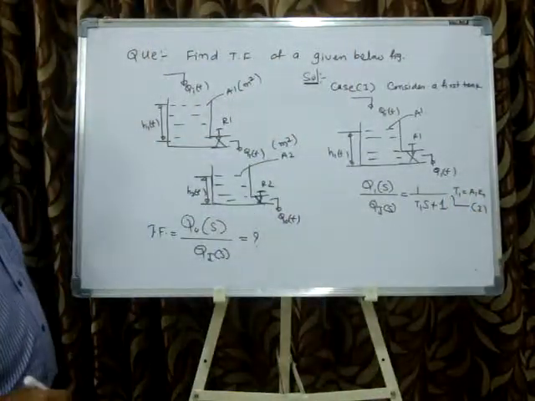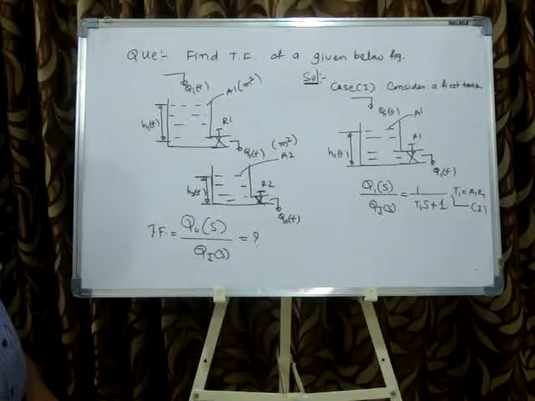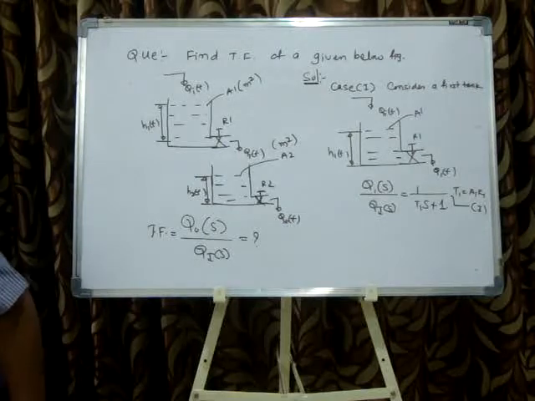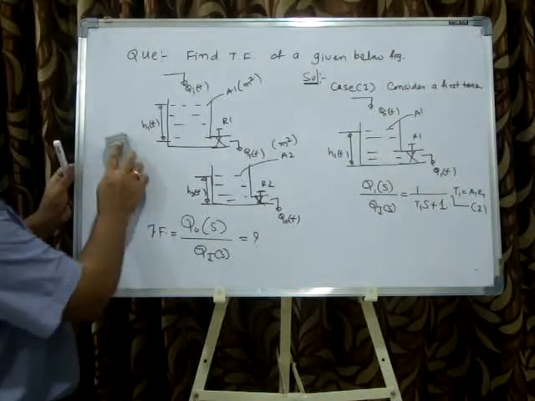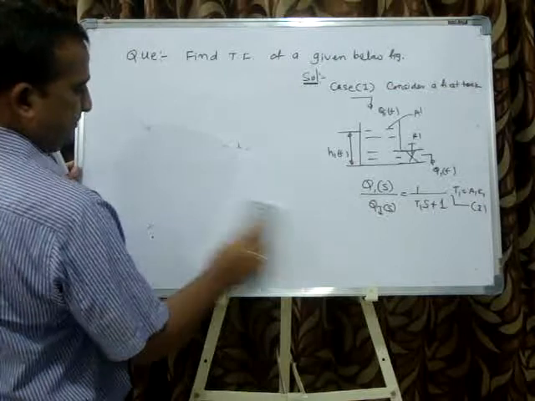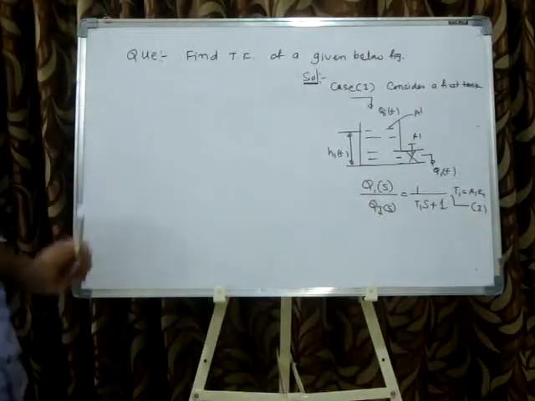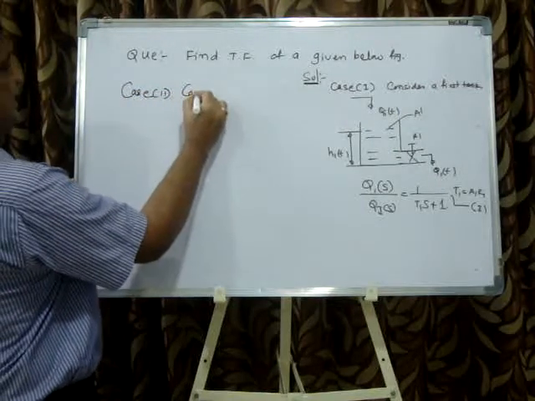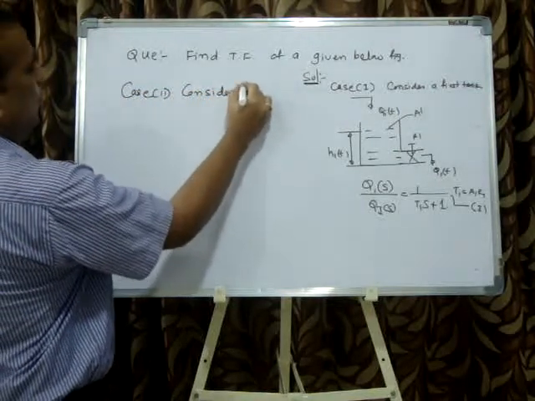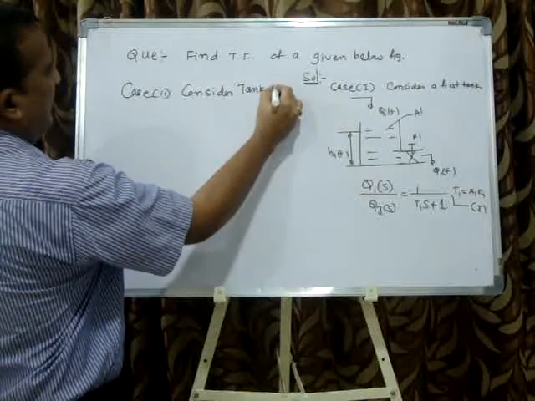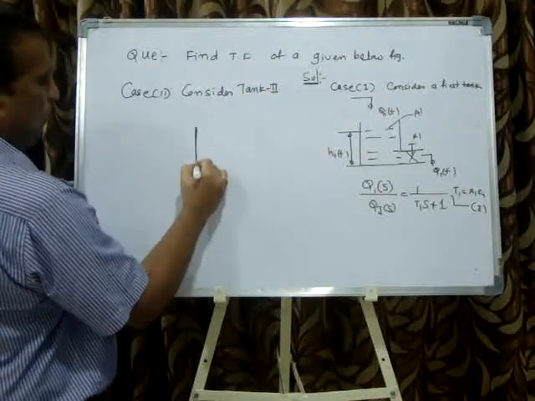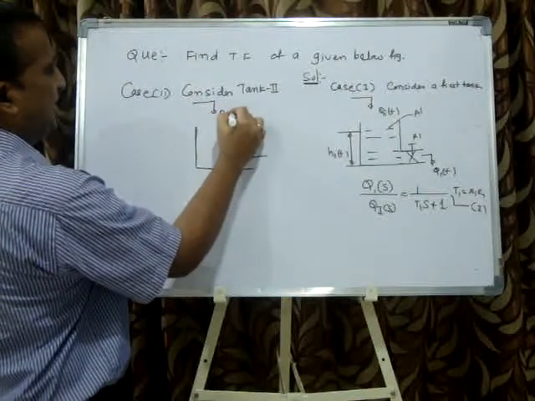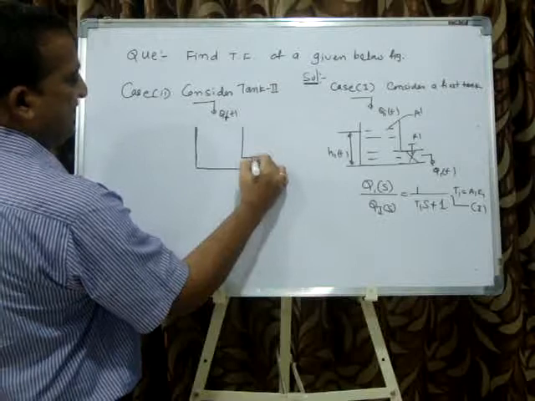Next I'll consider the second tank. Case 2, consider tank 2. In tank 2, Q1 is the input, that is Q1 of t, the output of the first tank.